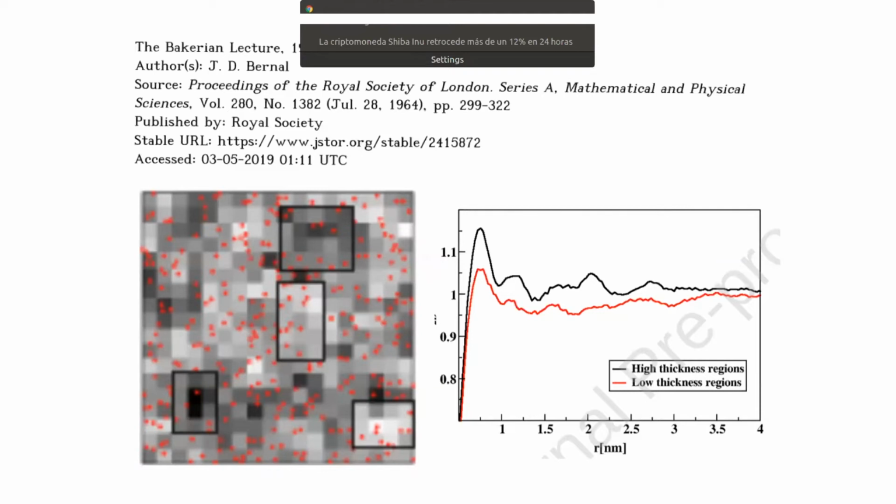And what Bernal stressed is that a structure in a liquid is a statistical concept.